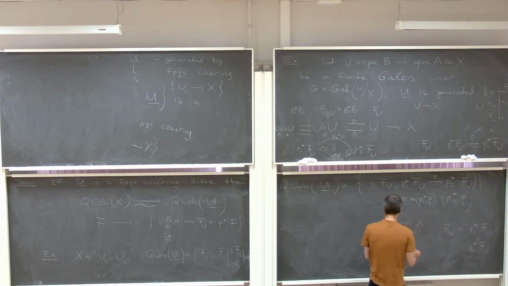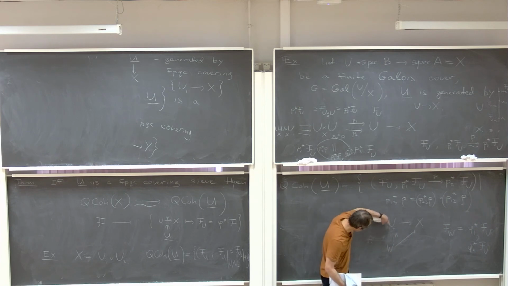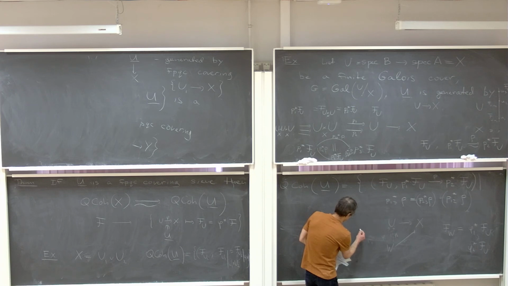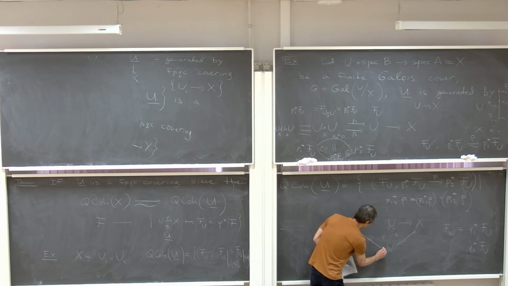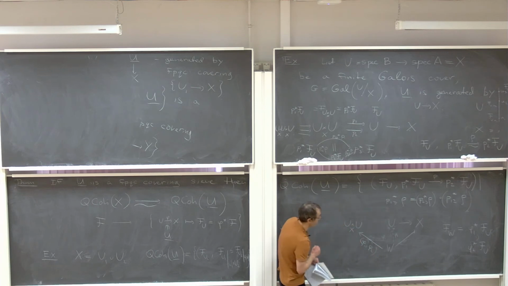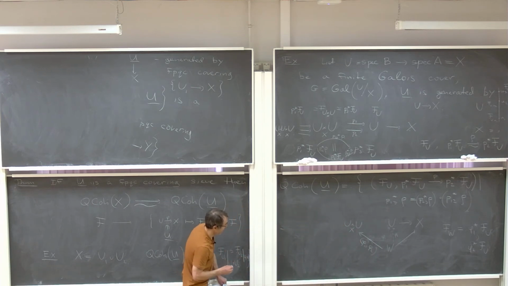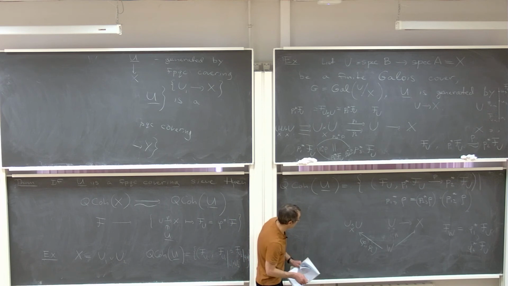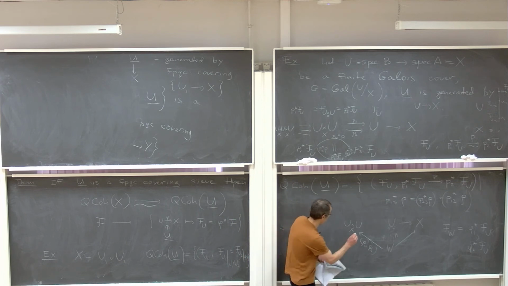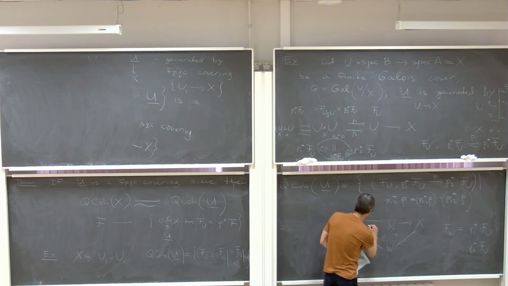So the answer comes as follows. If you have two maps that make this diagram commutative, you can produce a map to U times U over X, and it's given by the pair phi1, phi2. And once I have this, there are two projections here.